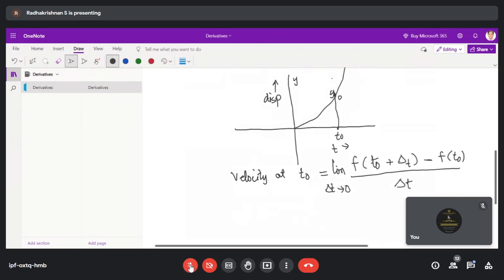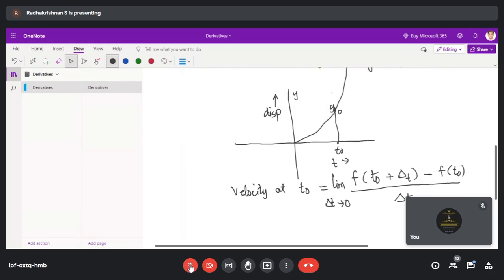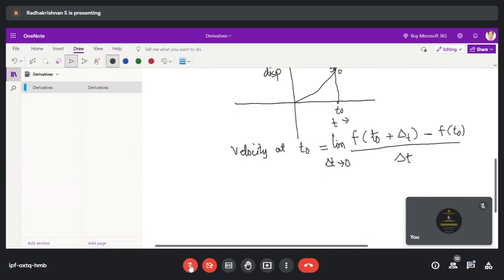This is called the basic method of getting derivatives. This is the formula.